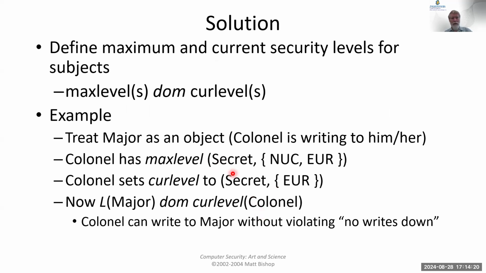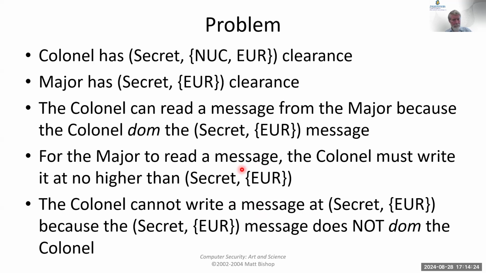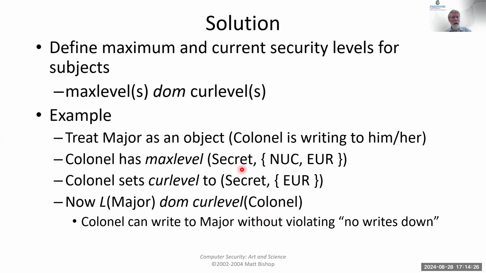Okay, what you do is you make a temporary level. You can have a temporary level where the object is going to be. Of course, the maximum level has to dominate the current level. So you can give them a current level.